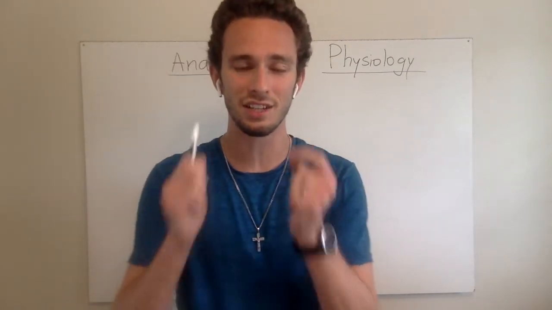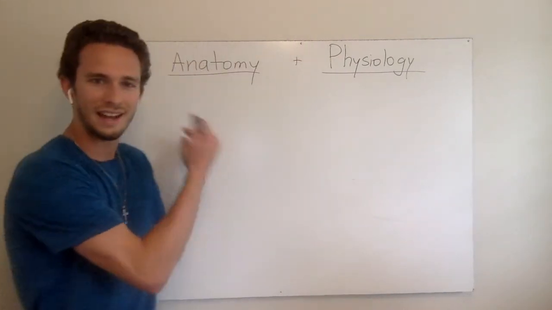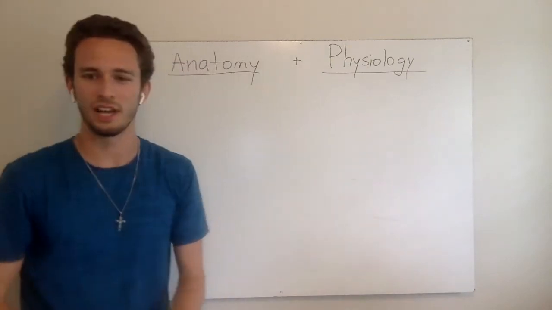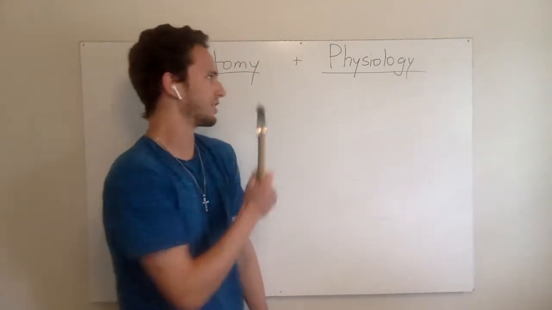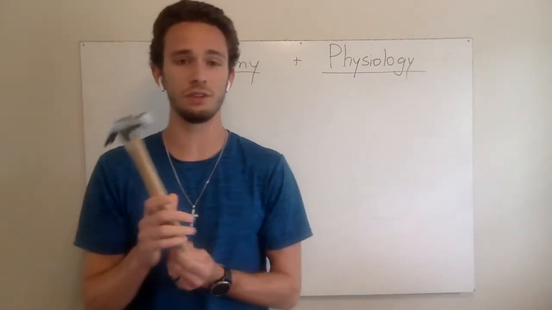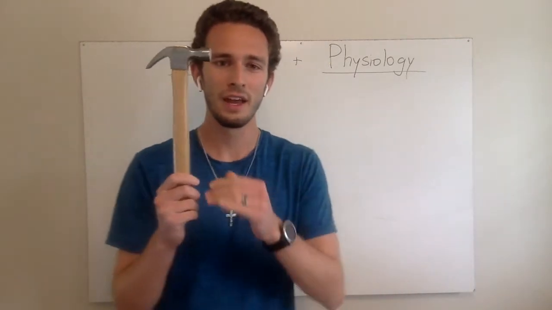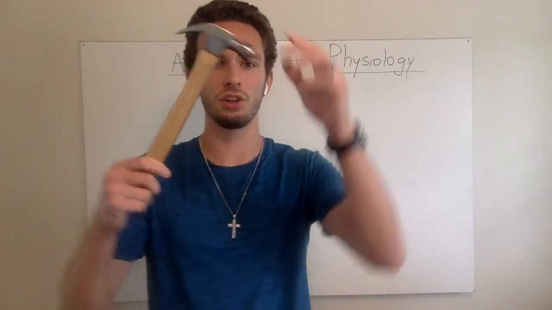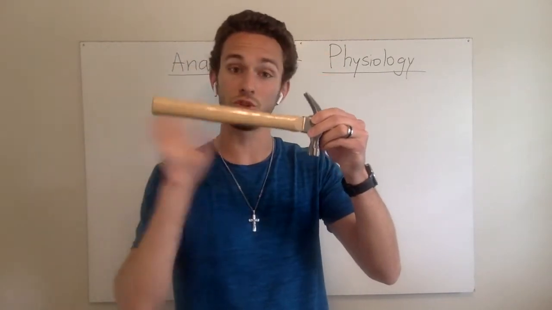So first off, we need to separate out what is anatomy, what is physiology. And to do that, I'm going to use this hammer as a demonstration. So this is a hammer. Hopefully you knew that at this point. But a hammer has a few distinct parts, right? It's got a long shaft on the edge, which is really light.